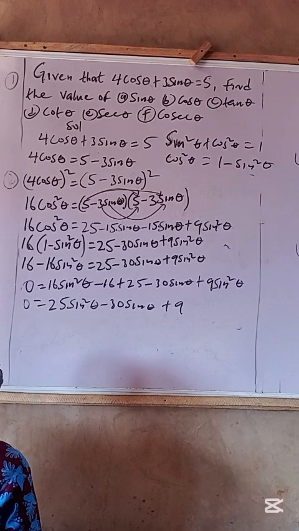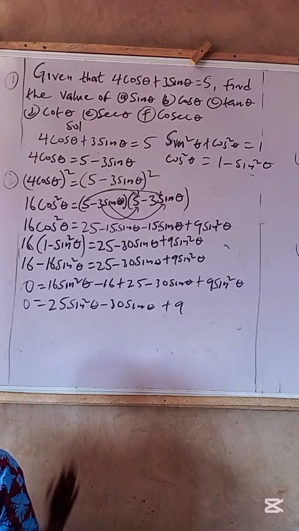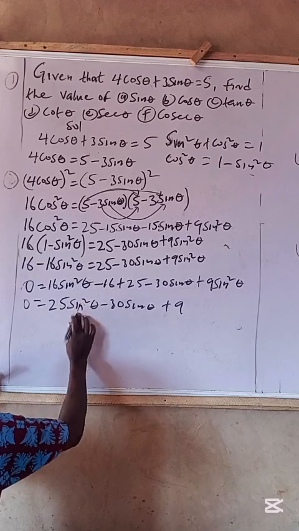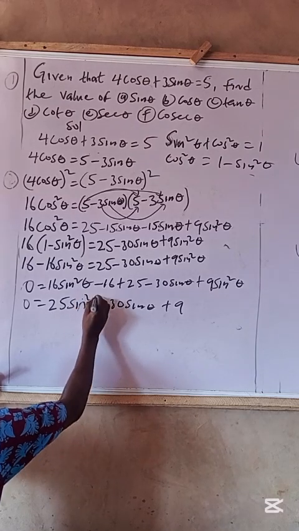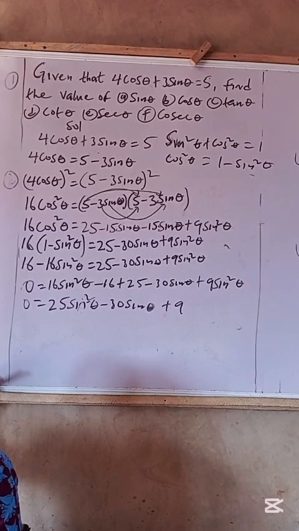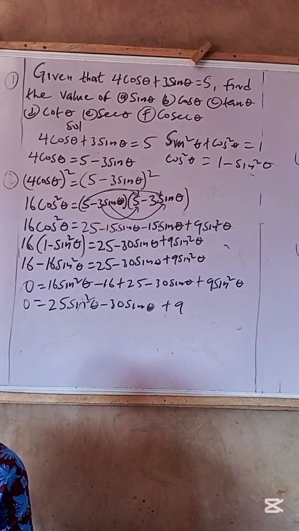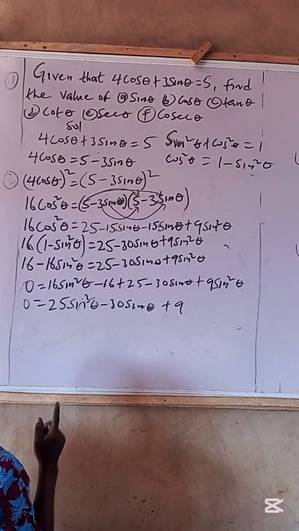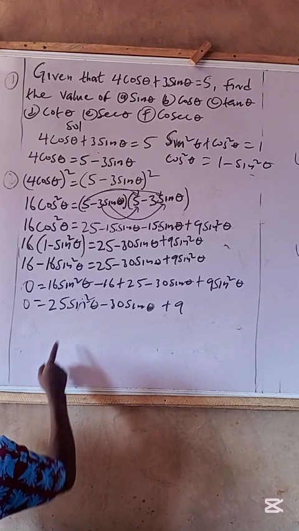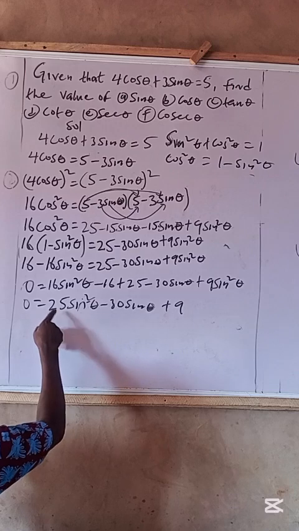This is a quadratic equation now, because sin square theta is there. You can use the complete square method. You know the complete square method. What do we use now? We take the square root.